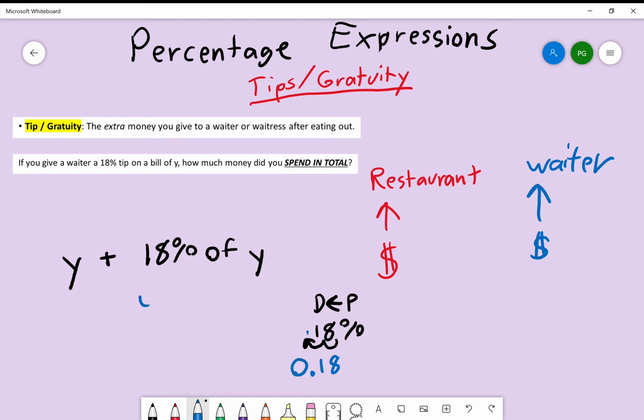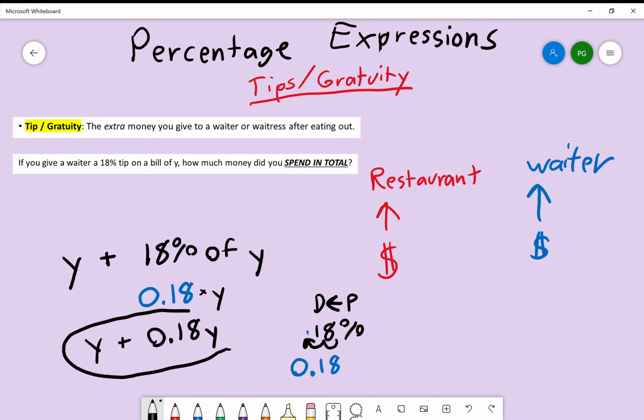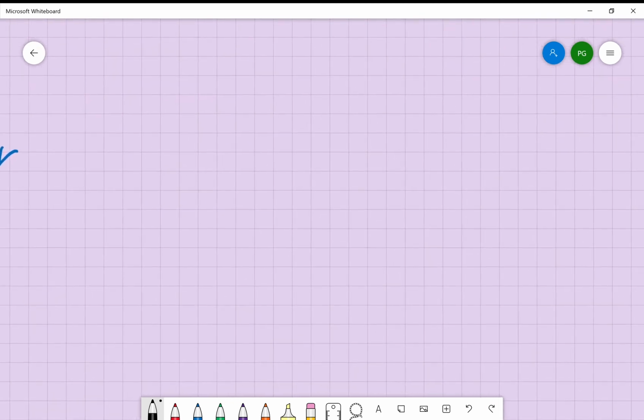So 0.18 times y. You don't need to write the times. You can just write 0.18y. Yeah? Okay. So you have y plus 0.18y. This is your answer. This is an acceptable answer. Okay, so now let's move on to a second example.